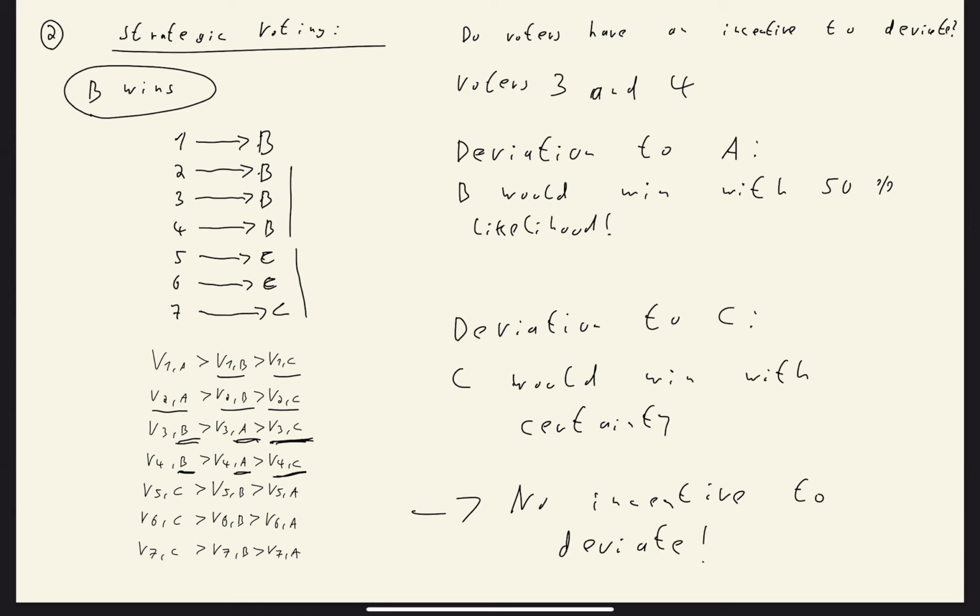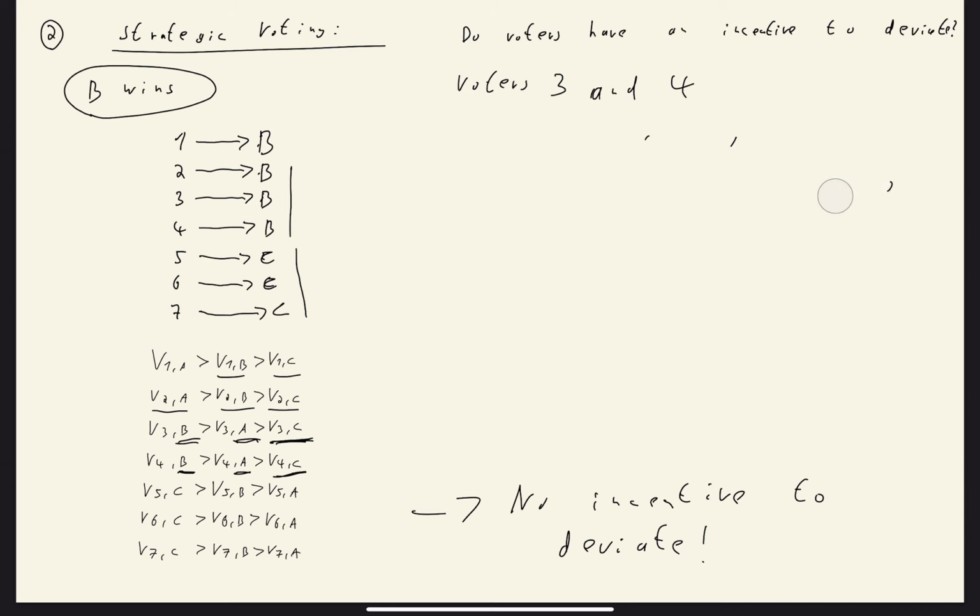Now, voters 5, 6, and 7. You probably already know what's the deal with them, because it's the same as before. They are not pivotal as before.